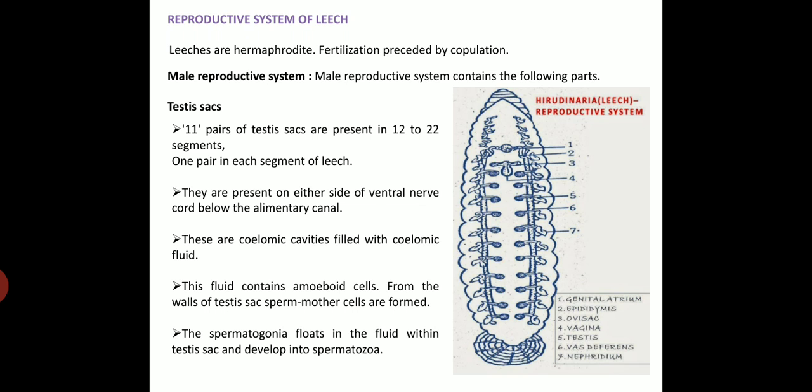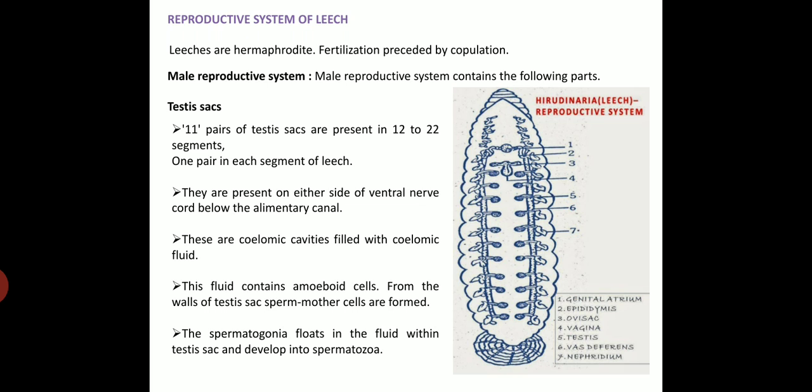Here 11 pairs of testis sacs are present in the 12th to 22nd segment. One pair is found in each segment of the leech, starting with the 12th and ending with the 22nd segment. You can see a ball-like structure which is found in the middle of the leech.